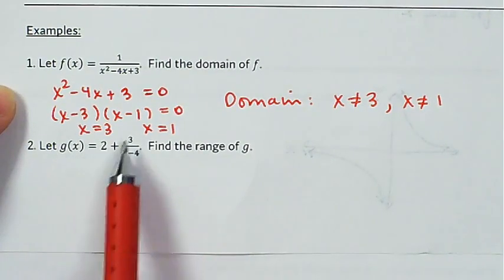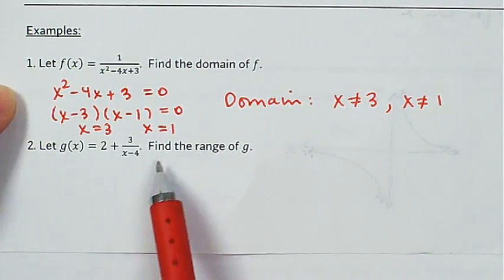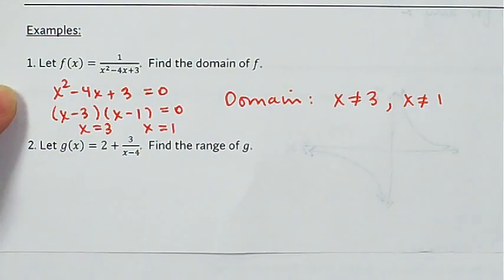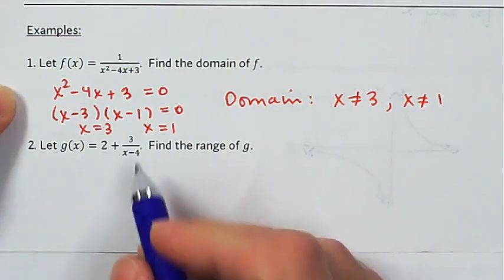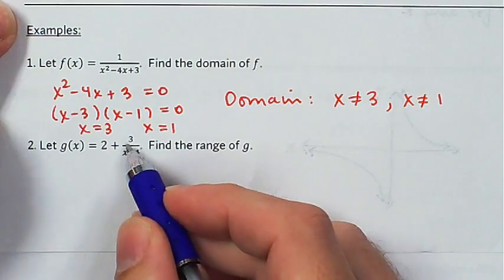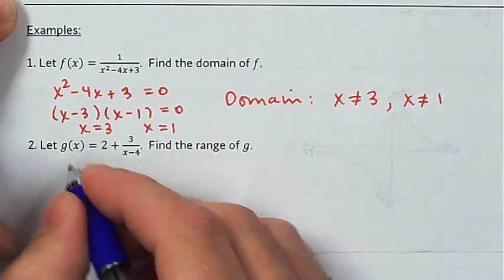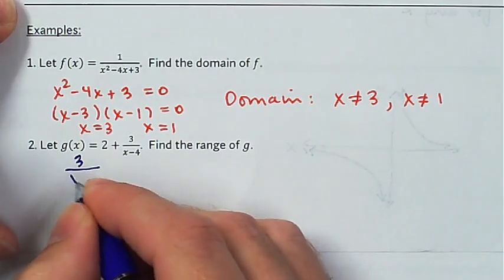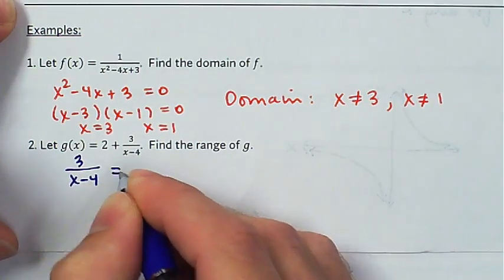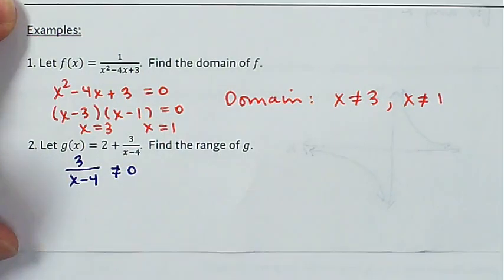Okay. And then g of x is going to be 2 plus 3 over x minus 4. Find the range of g. Okay, so this one's a little more than I've given you so far, but I'm just going to start off with the fact that x minus 4, regardless of what x is, can't equal 0, right? So 3 over x minus 4 cannot equal 0.